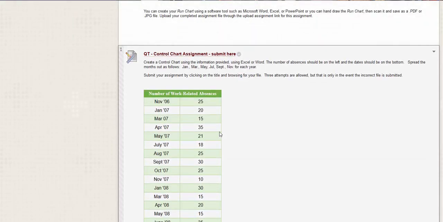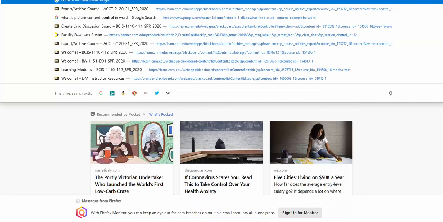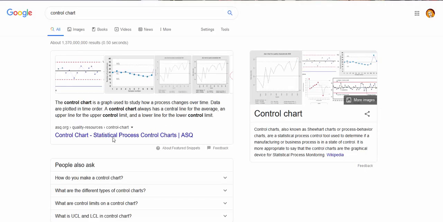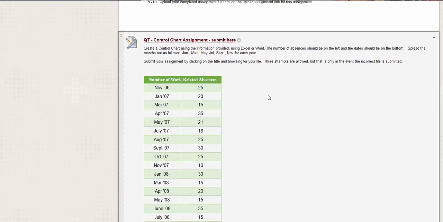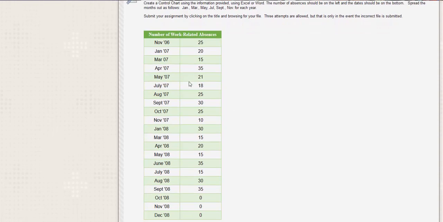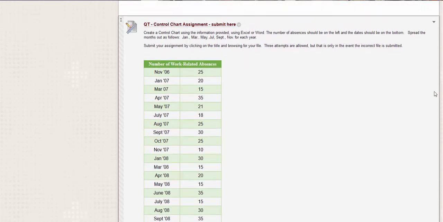Okay. Control chart. A control chart is very similar. The information we're looking for is, okay, so number of work-related absences. And this goes back quite a while because we wanted to get a really good chart with some statistics in it.